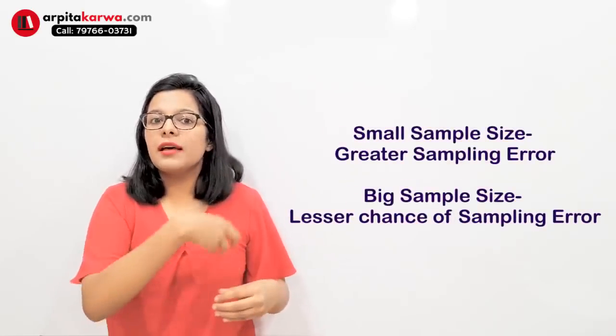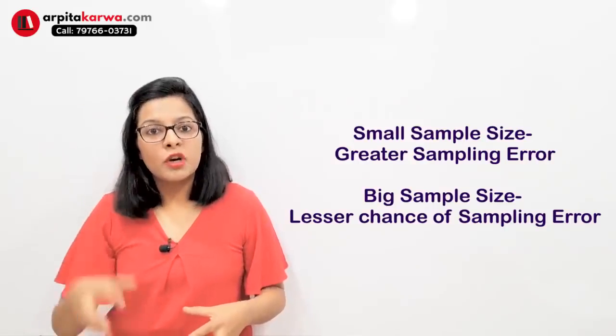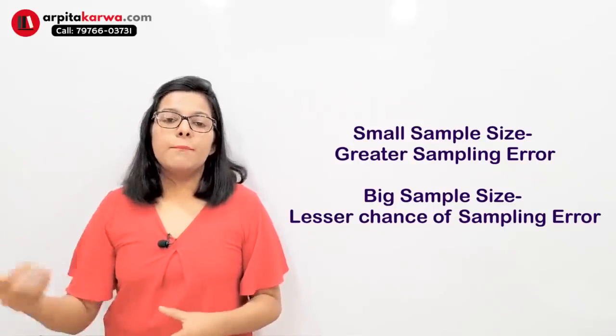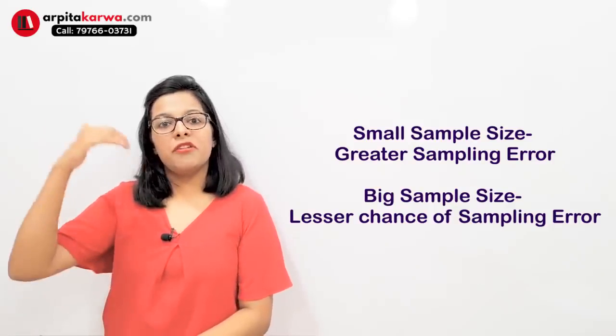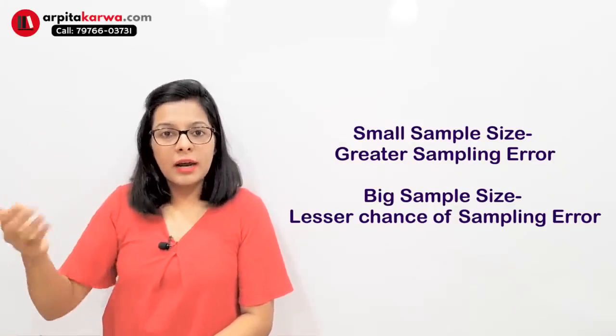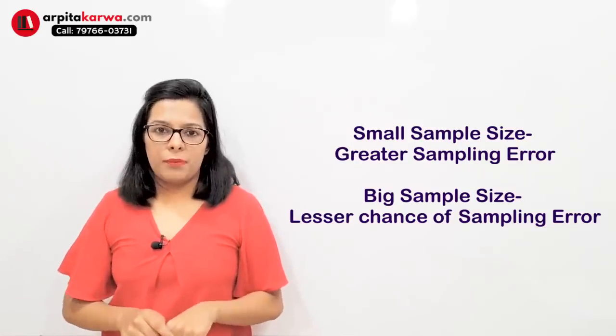Now, जितना छोटा sample size होगा उतना ज़्यादा ये error होने के chances हैं. So, sampling error decreases with the sample size. So, अगर sample size आपने कम लिया है तो sampling error ज़्यादा होगा and अगर आपने sample size बड़ा लिया है तो sampling error कम होगा. So, they are not directly proportional but they are indirectly proportional.